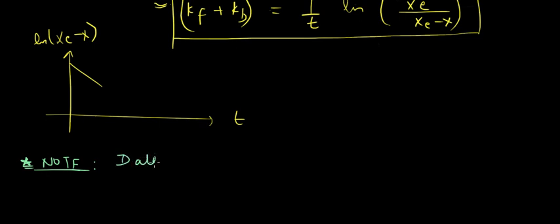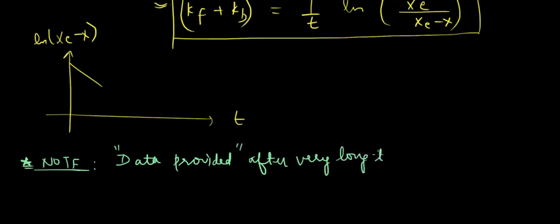So if you have been given that this is the data which has been captured experimentally after very long time from the initiation of the reaction, then that data should be considered equilibrium data.